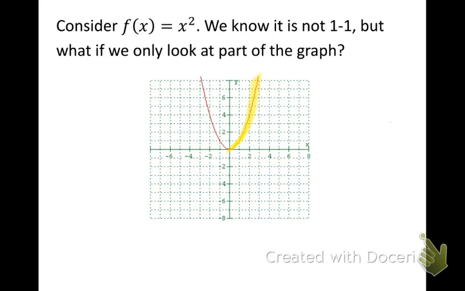If I were to only look at that right-hand side of my parabola, so I limited my domain from 0 to infinity, so this is my original function where I'm just looking at that right-hand side, my range would be also 0 to infinity. Okay. My inverse, when I switch my x's and my y's, would look like this now.